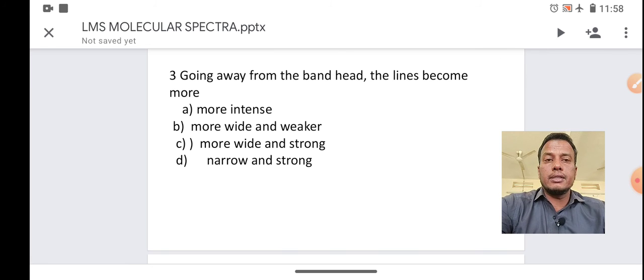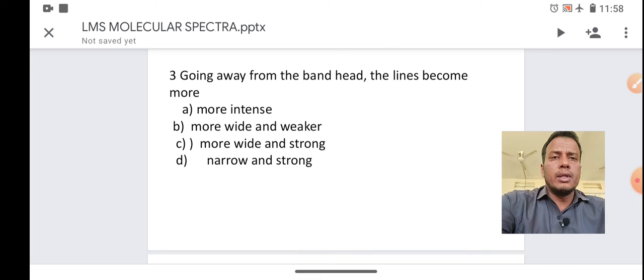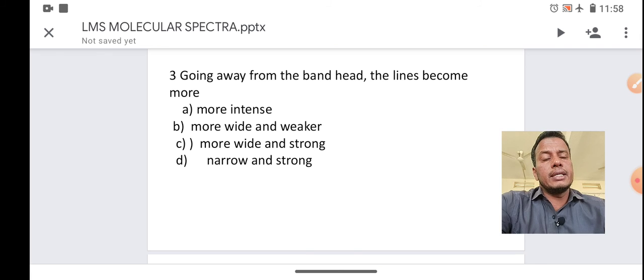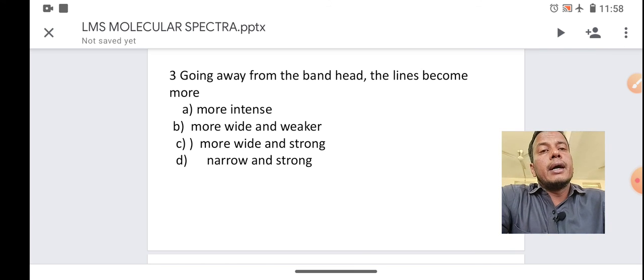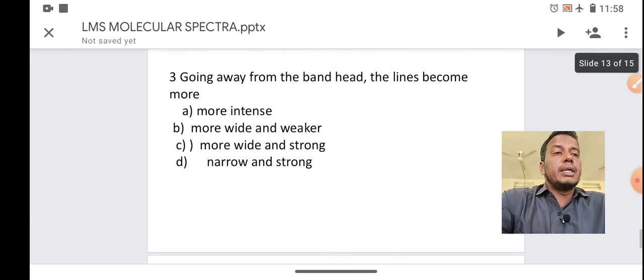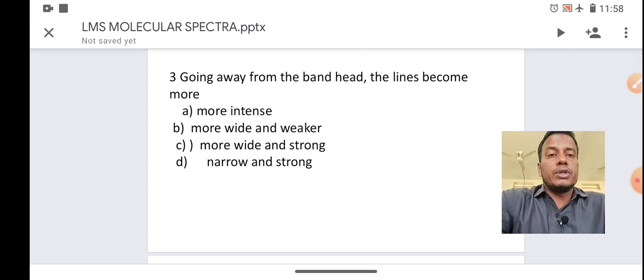Are they more intense, wider and weaker, more wide but strong, or very narrow and strong? Going away from the band head, the lines become wider and also weaker. That is the answer, and this is all about the basics of molecular spectra.